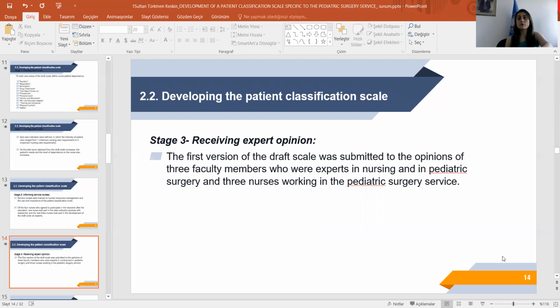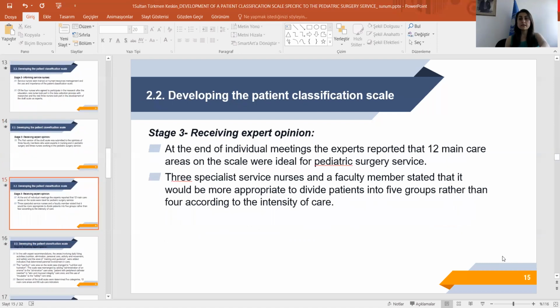The first version of the draft scale was evaluated by the opinions of 3 faculty members who were experts in nursing and in pediatric surgery, and 3 nurses working in the pediatric surgery service.